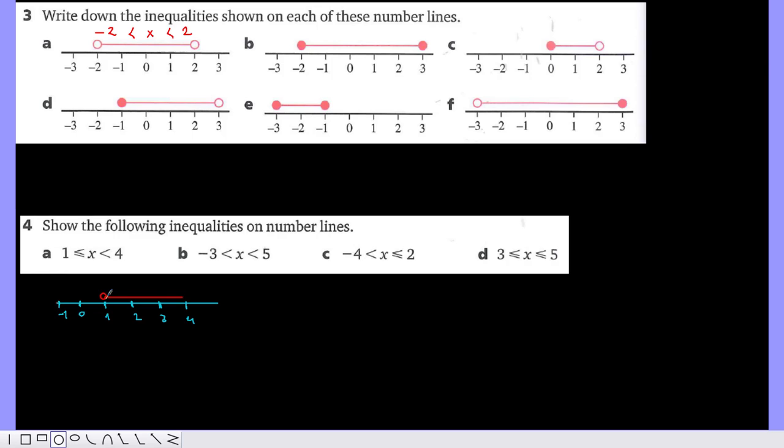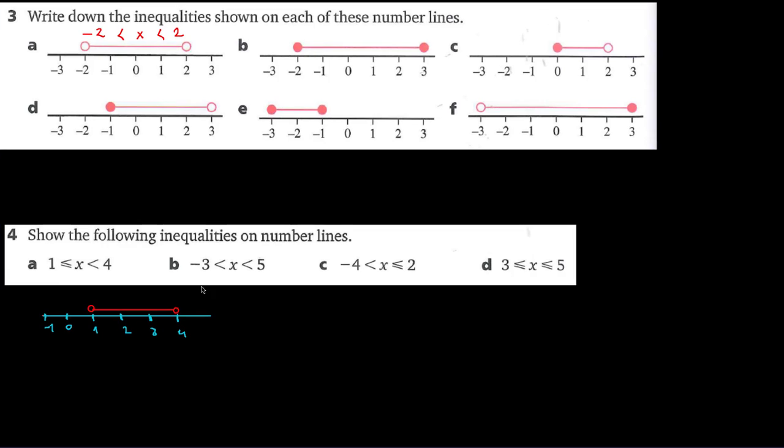One of them is going to be closed, one of them open. This one is going to be closed because the values are here. The value 1 is included, so this should be closed, and 4 is excluded, so this should be open.